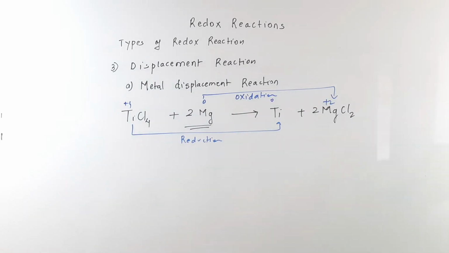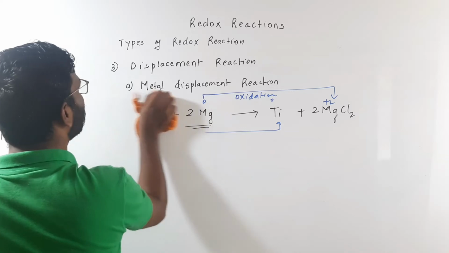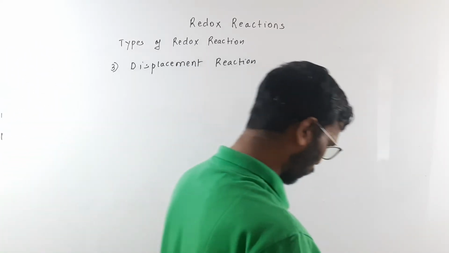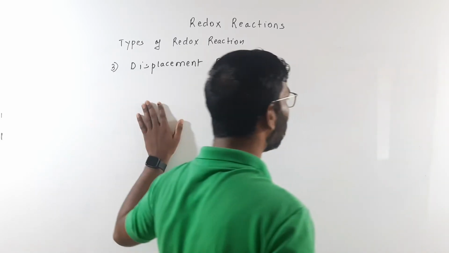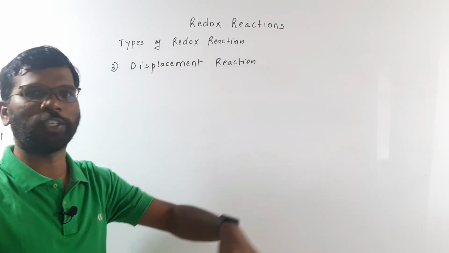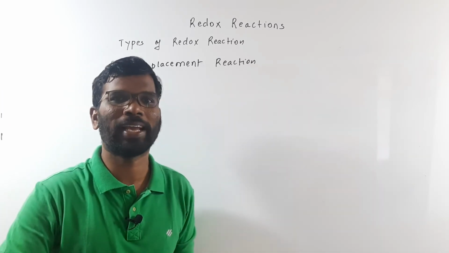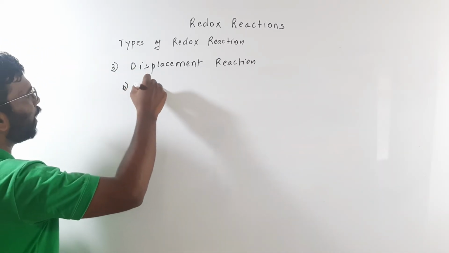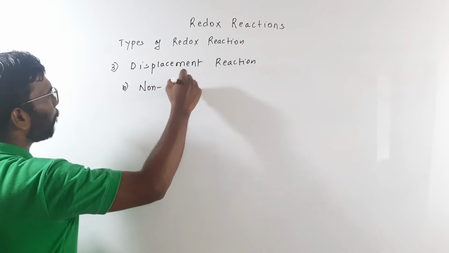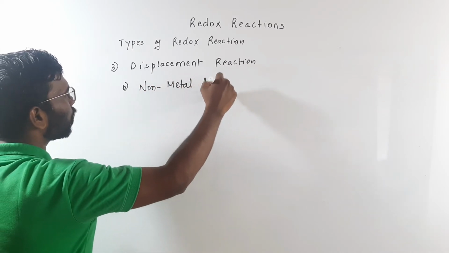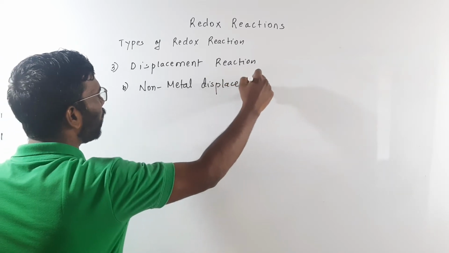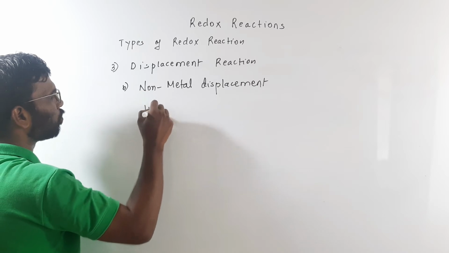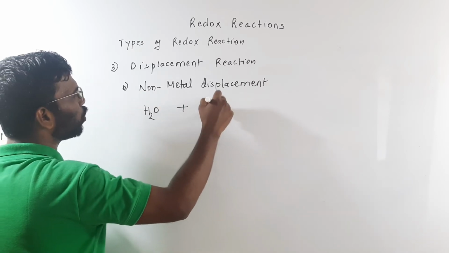Now let us understand non-metal displacement. For non-metal displacement, many times it will be a metal which is used to displace the non-metal, like hydrogen. So here in category B, I am writing non-metal displacement. You react water and sodium.